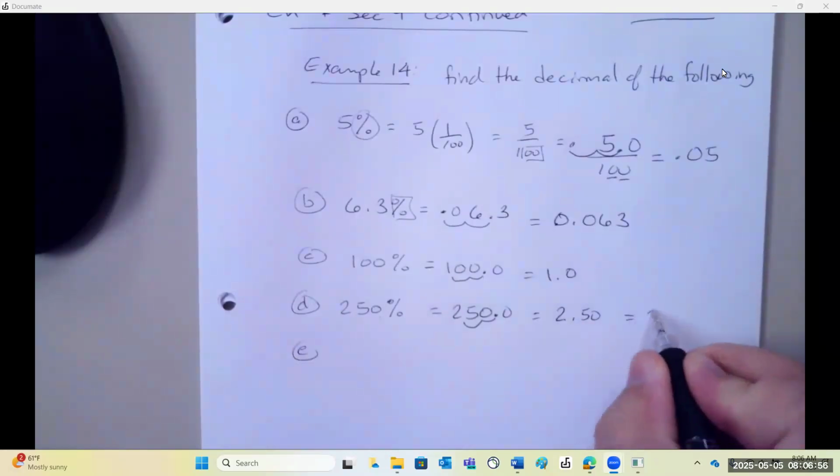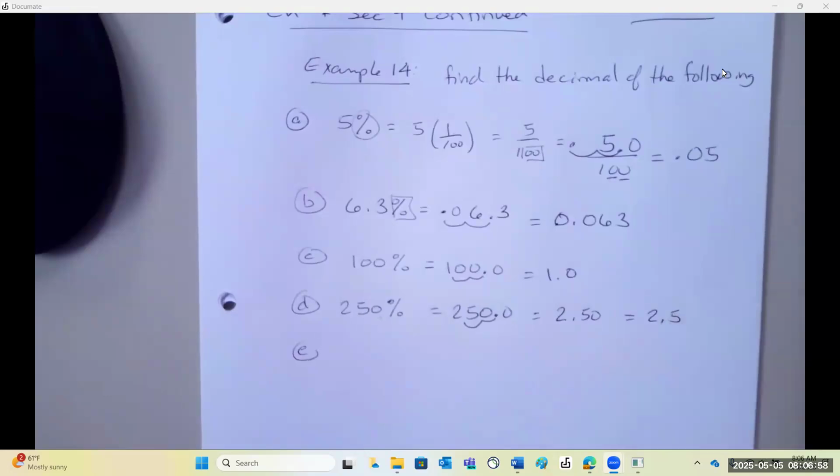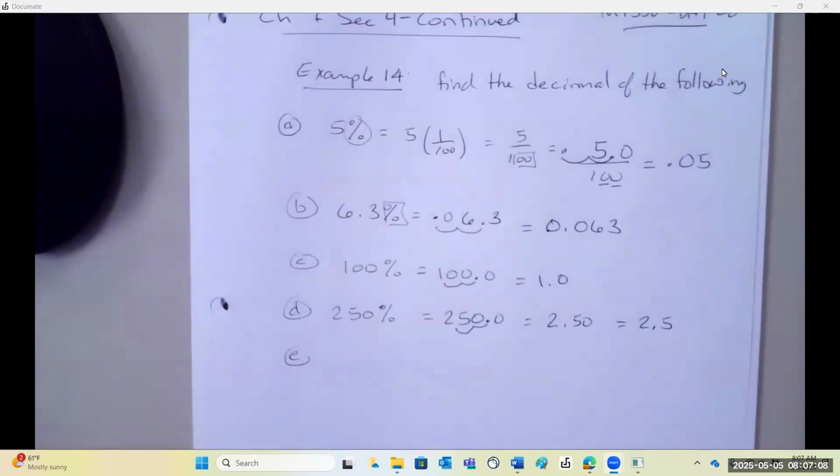Is 2.50 the same as 2.5? Why? There's no value. You're right. Yeah, again, it sounds like a trivial question, but that's going to be tough for the kids. You ask them, are these the same numbers? Well, no, because that one doesn't have a zero. That one has a zero.